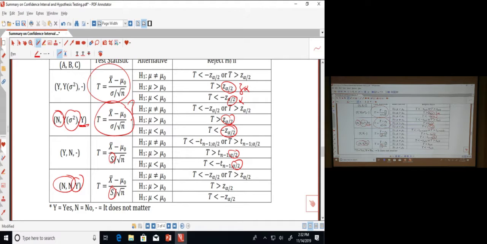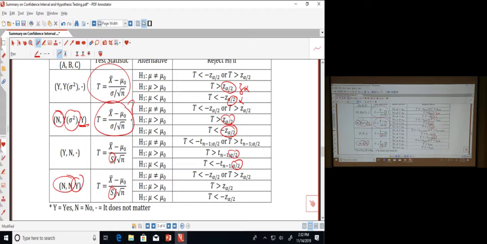Remember, our job is to check the statement, whether we make the decision on the statement. The statement states the value of mu, and says that mu equals mu naught. So that's why I substitute mu equal mu naught. So it looks as if I know mu, but in fact, I work it under the assumption that mu equals mu naught. So that's why you see the mu naught there.